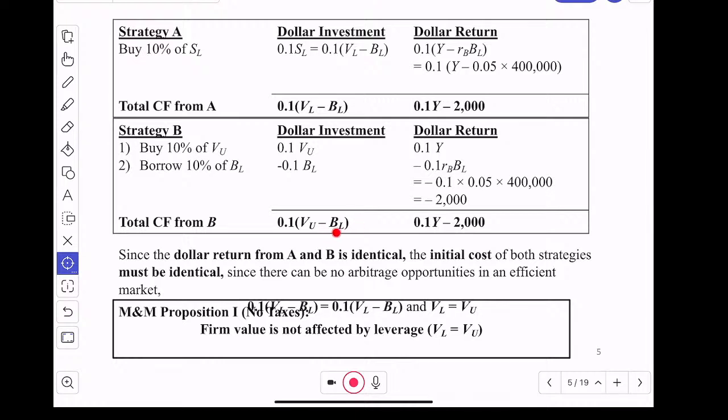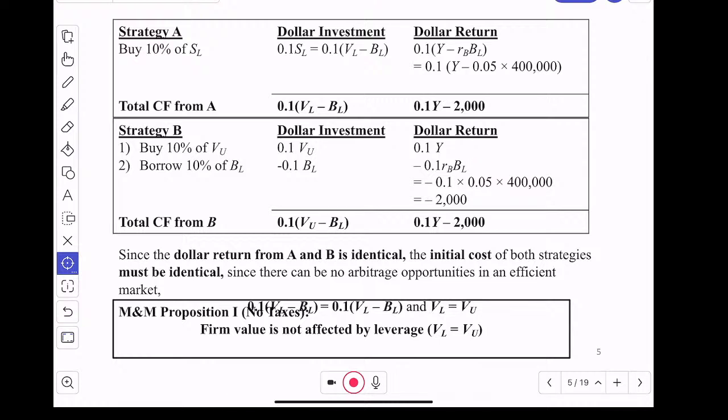Now this amount, remember, this is just the $400,000, but I'm using this symbol because, well, you'll see. Now what's the dollar return of this strategy? That would be 10% of the total return to assets in dollars, minus what they have to pay, at the same rate of 5% that they would have gotten if they invested in the levered firm, on the amount that they borrowed, 10% of the total 400,000.